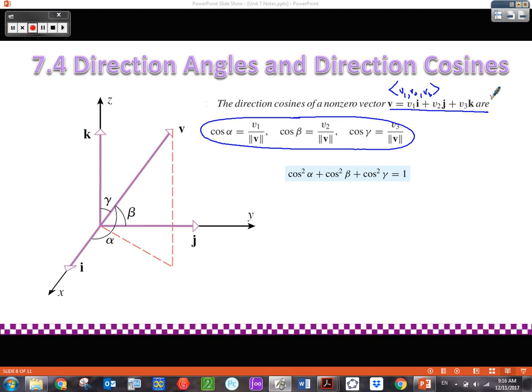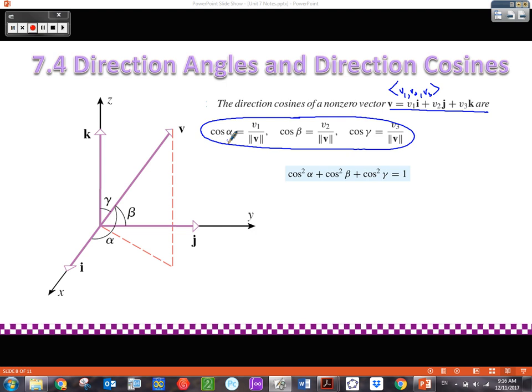In order to find this angle measure alpha, I would take v1, whatever this number is, and make a fraction with it over the magnitude of this whole vector, and then I would do inverse cosine, and that would give me my angle alpha. And that's really all this is.